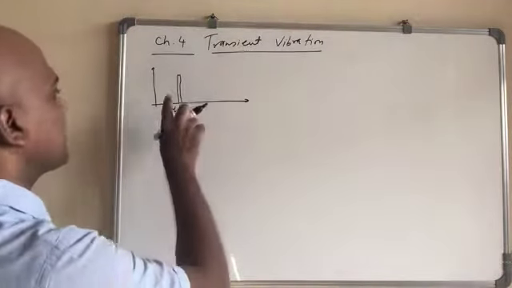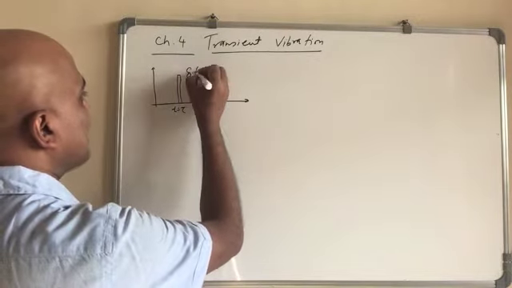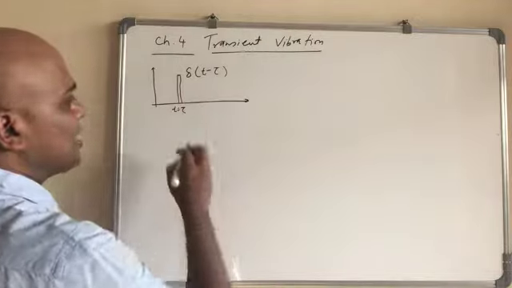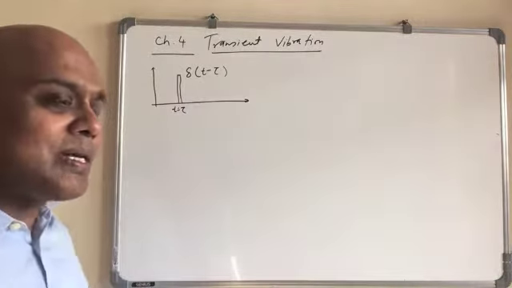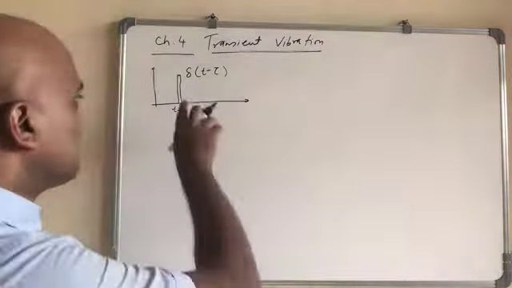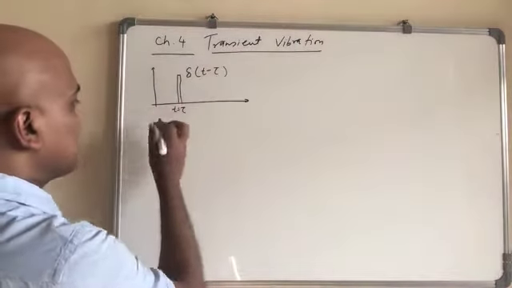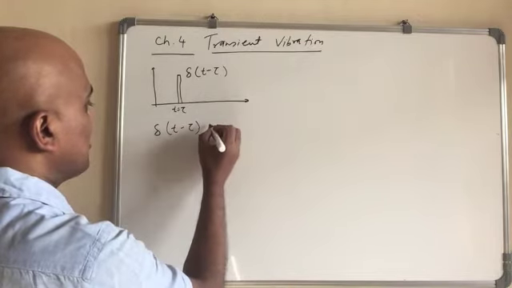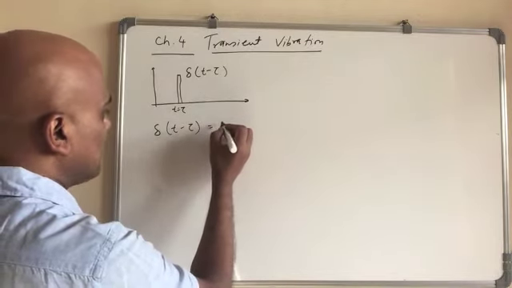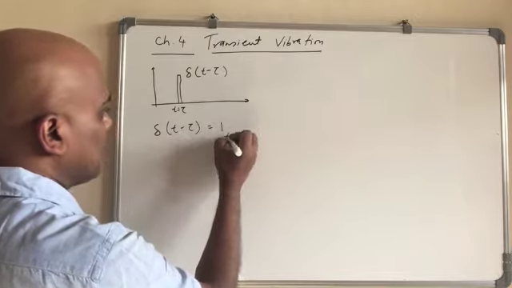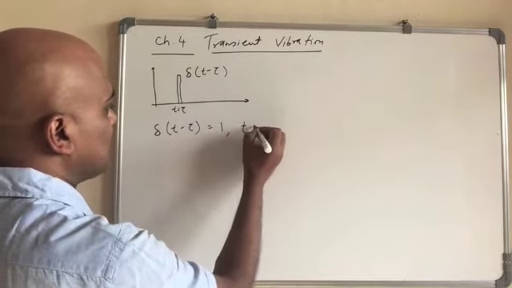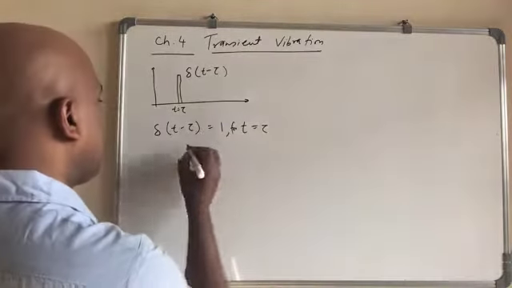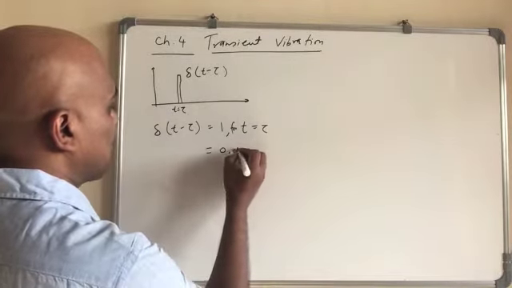You can also write it as delta(t minus tau), where delta is the Dirac delta function. That means delta(t minus tau) equals 1 if t equals tau, and equals 0 otherwise.